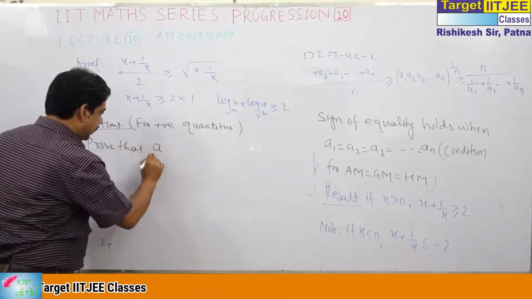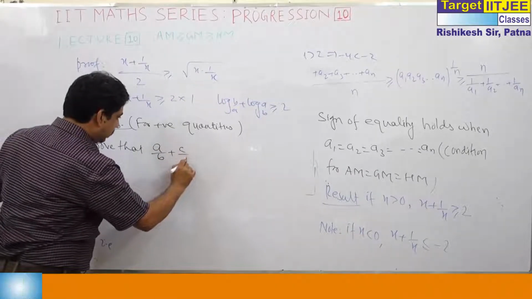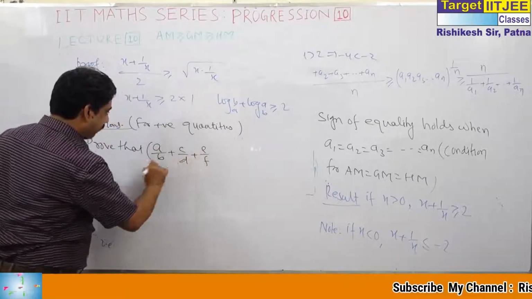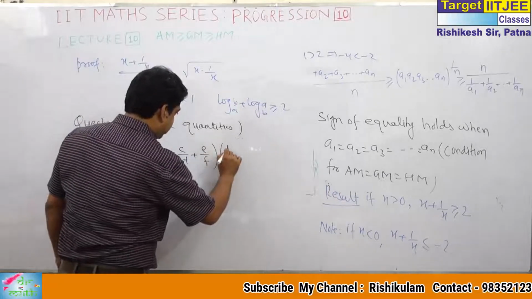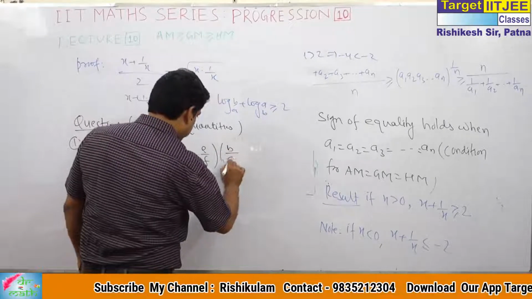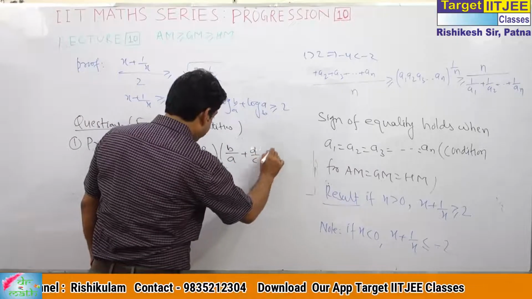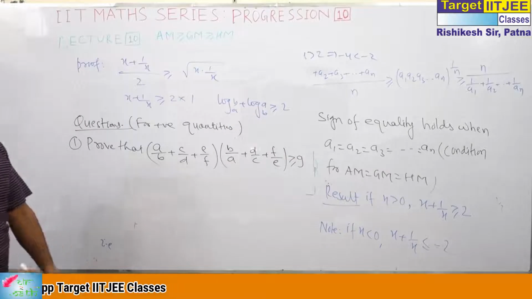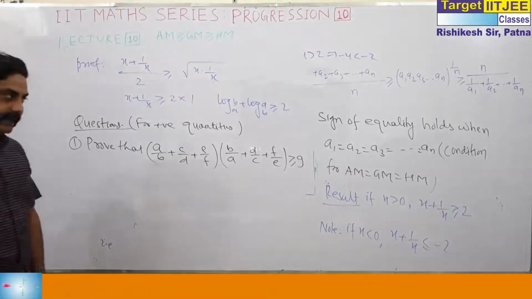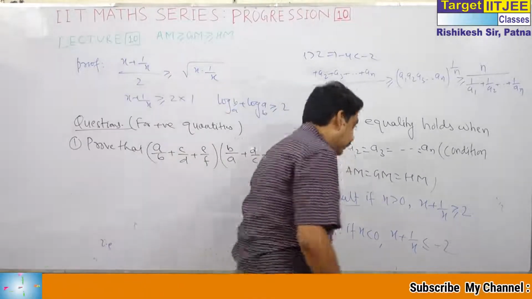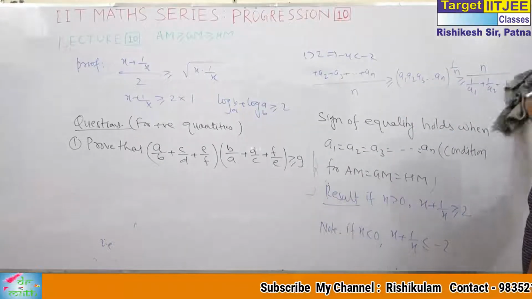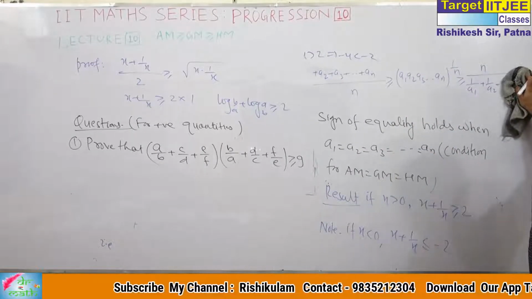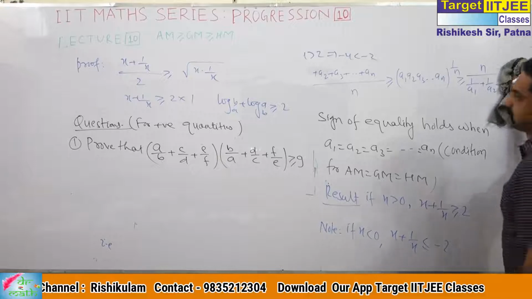Prove that (A by B plus C by D plus E by F) multiplied by (B by A plus D by C plus F by E) is greater than or equal to 9. Though it is puzzle based, what is the line to think on it? If you want to write, pause and write.